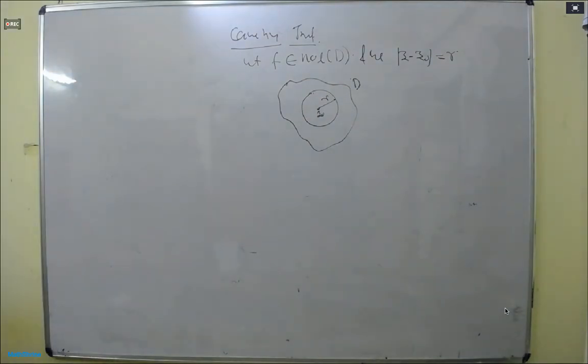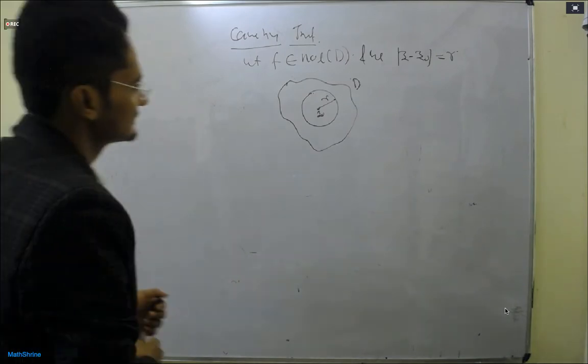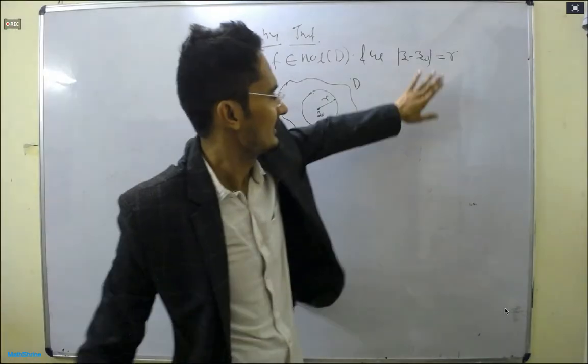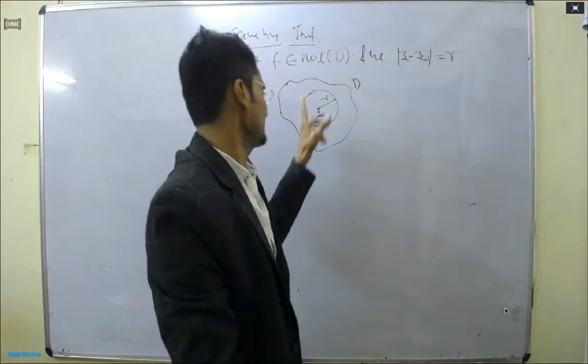Even if it touches the boundary, the result fails; it is not applicable. This is very essential, you should be aware where we can apply it and where we cannot.